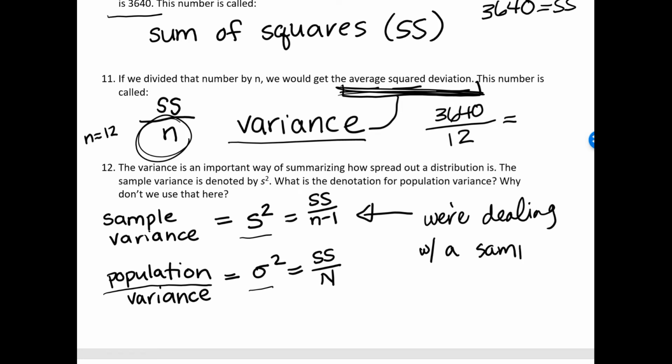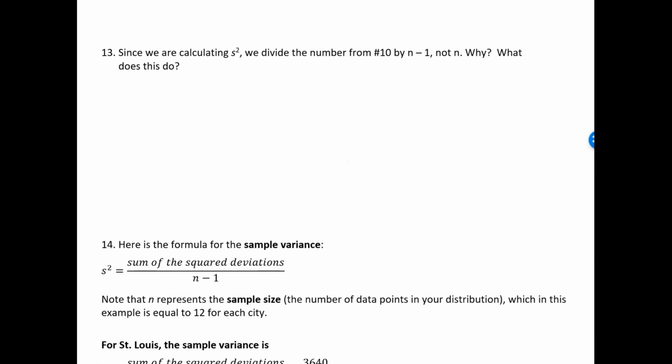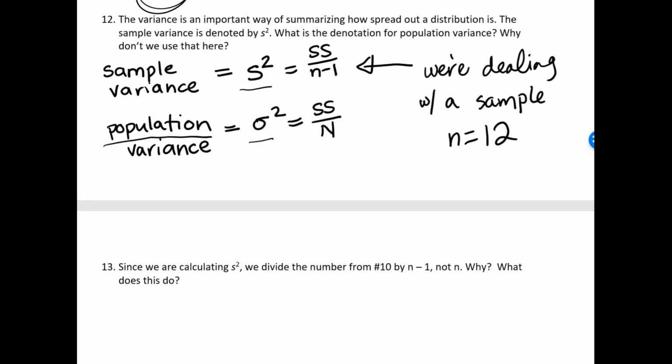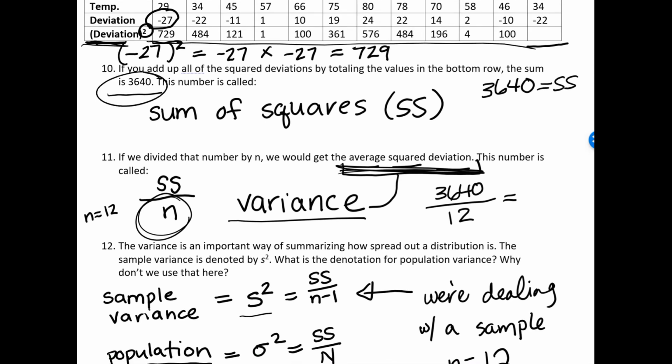And in our sample, we have a sample size of 12, right? 12 data points for our sample. Okay. So since we are calculating S squared, since it's a sample, we divide the number from number 10, this one that I gave us, 3640, sum of squares.